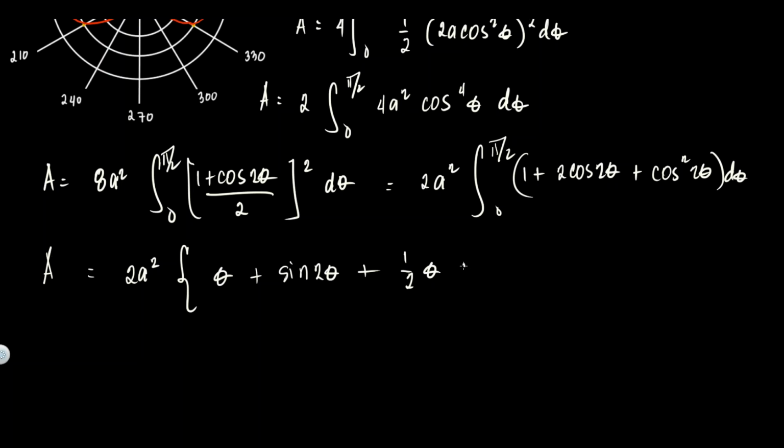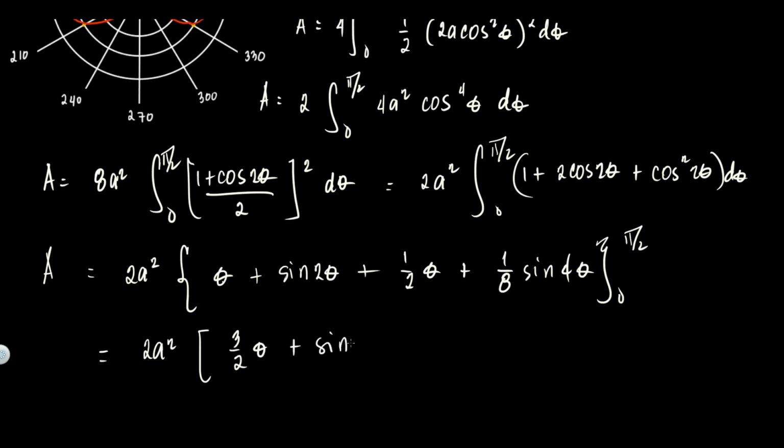Then plus 1/2 times 1 over 4, so 1 over 8, okay? Then sine 4 theta. Okay, limits from 0 to pi over 2. Or this is equal to, this and this combined, so 2a squared times 3/2 theta plus sine 2 theta plus 1/8 sine 4 theta, limit 0 to pi over 2.